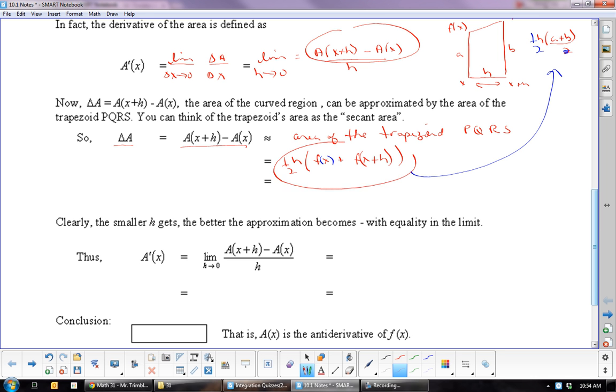Now I'm going to take this part here of our limit formula and replace it with this, because we said that delta A is the area of the trapezoid.